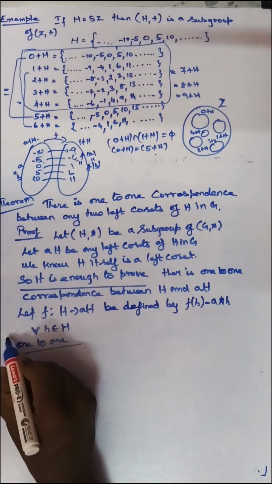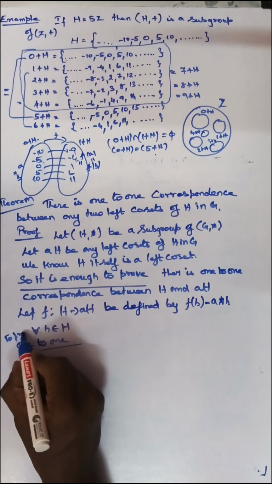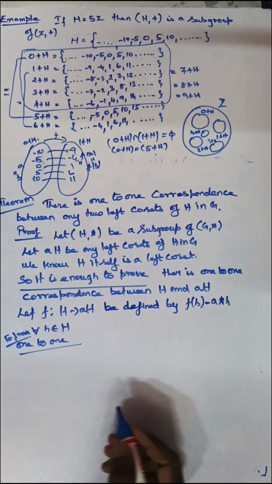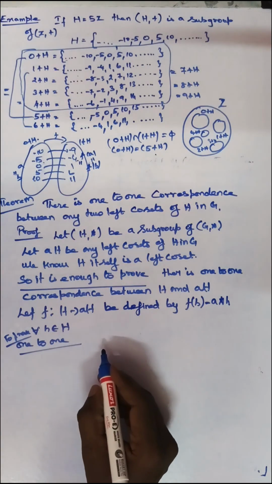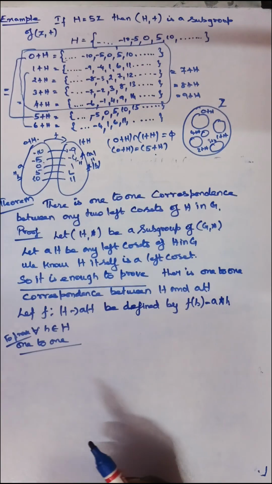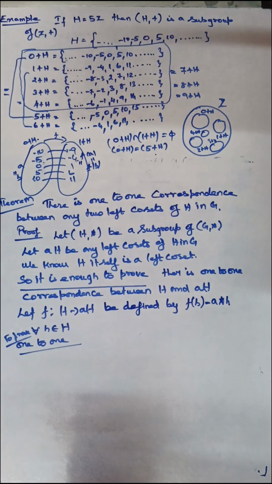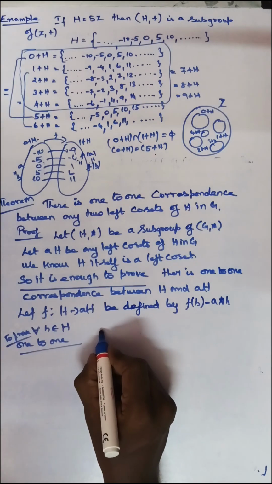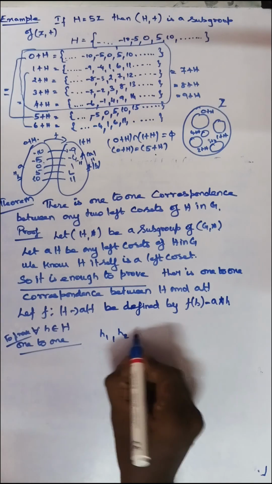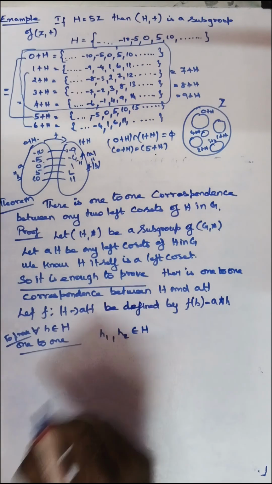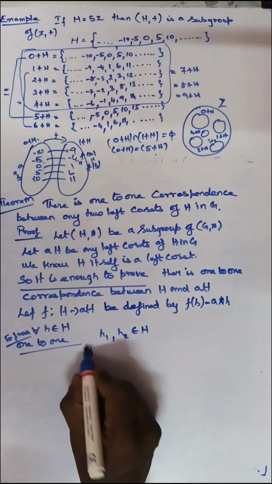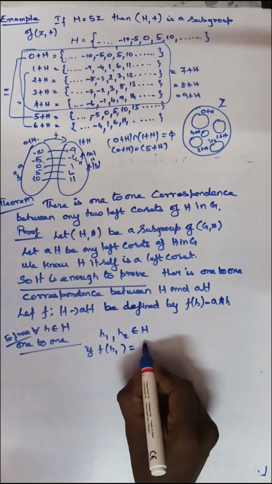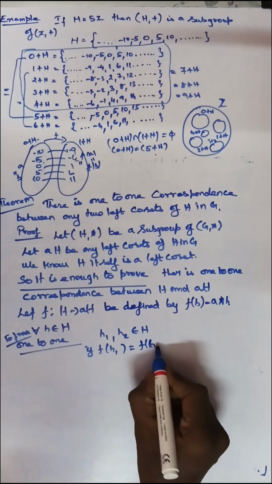To prove one-to-one, how are we going to prove this mapping is one-to-one? Already I told that we take two elements, and if their images are equal in the codomain, then we have to show they are equal in the domain also. So for any h1, h2 belongs to capital H, suppose f of h1 equals f of h2.